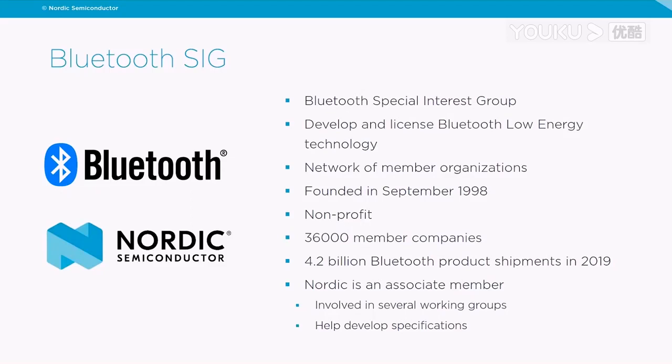Currently it has 36,000 member companies, which is quite an impressive number. And in 2019 there were more than 4.2 billion Bluetooth products shipped. Nordic is an associate member in the Bluetooth SIG, and we are involved in several of the working groups, which help develop the different specifications.